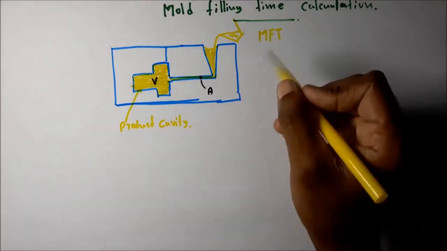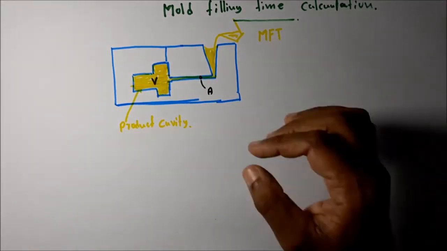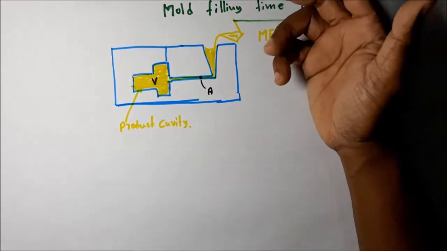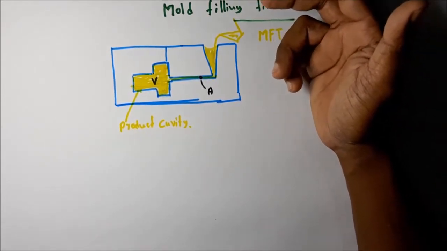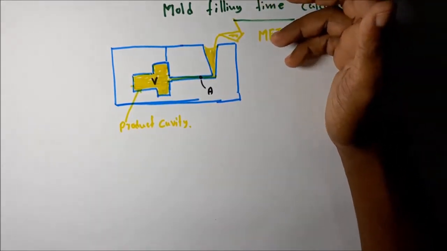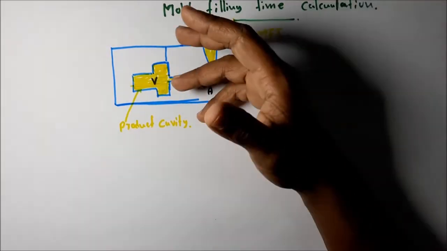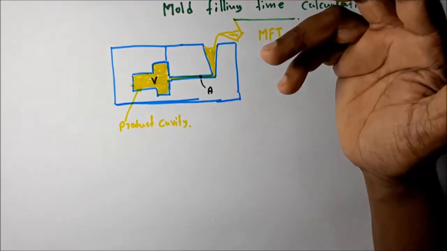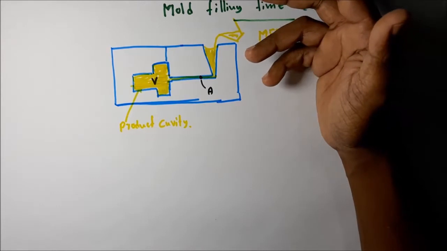This time calculation is very important to ensure the cavity has been completely filled with the molten metal in pouring.